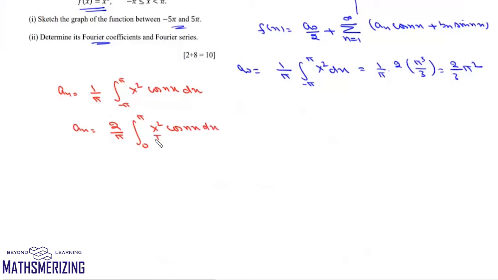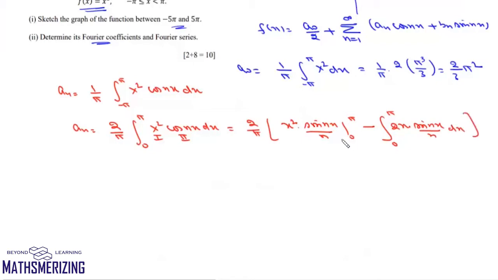Now we'll take this as first function and cos as second function. We can write 2 upon pi and here will be x square and then integral of cos nx is simply sin nx. So it will be sin nx upon n from 0 to pi and then minus integral from 0 to pi 2x into sin nx upon n into dx.